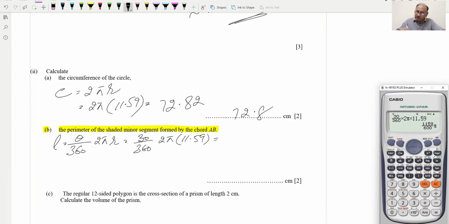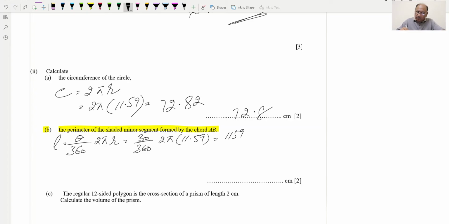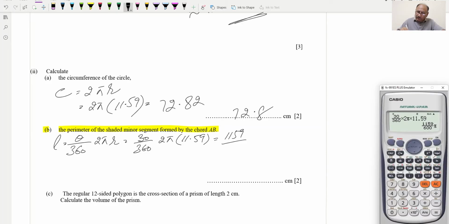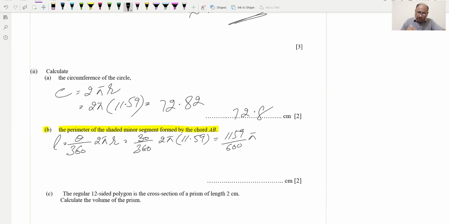Otherwise we can take this 11.59 to avoid rounding. I'm taking this value, and now perimeter is what?